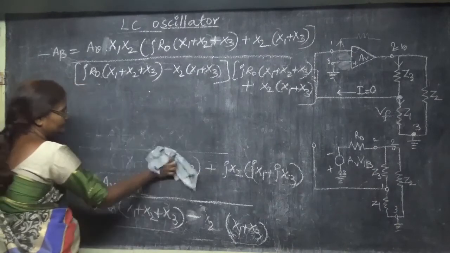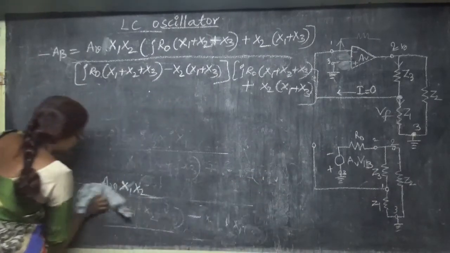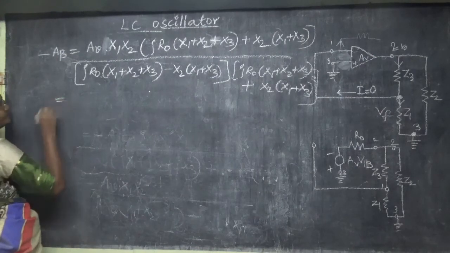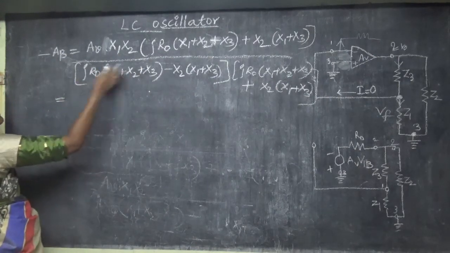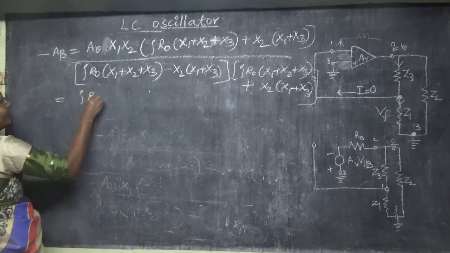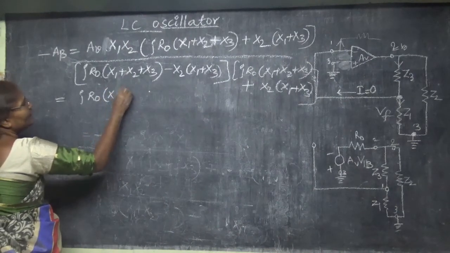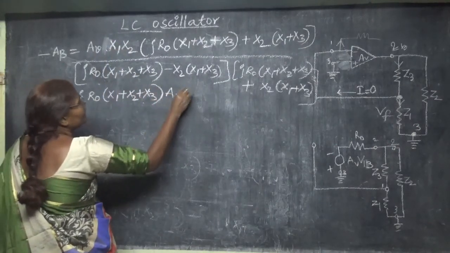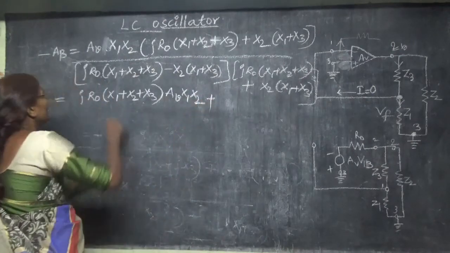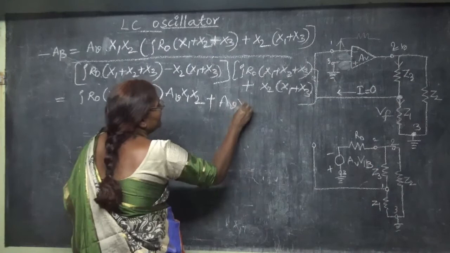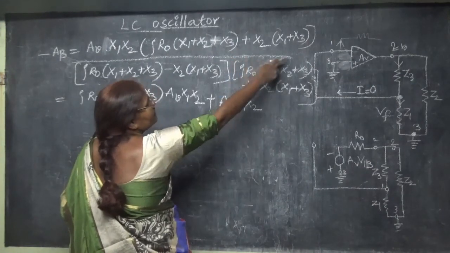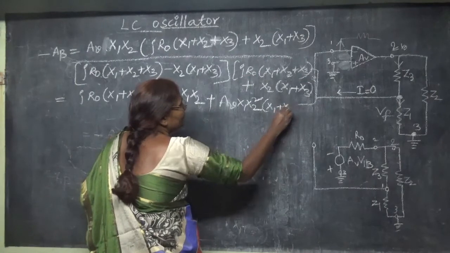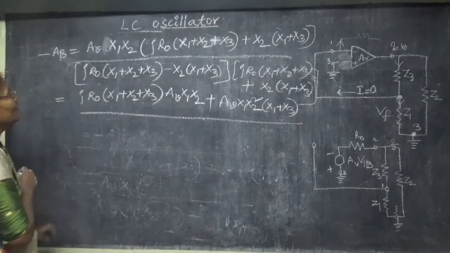So now the multiplication will give jr0 into x1 plus x2 plus x3 into the numerator terms, x2 square, x2 into x1 plus x3, divided by what I will get?